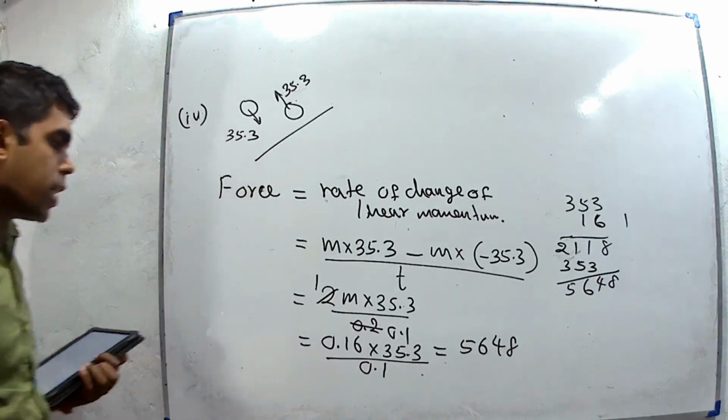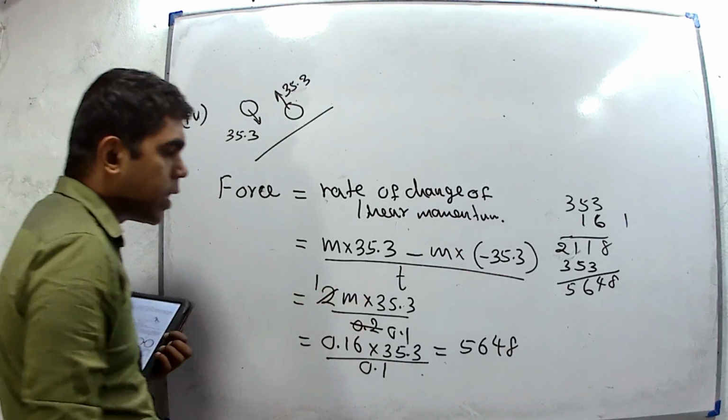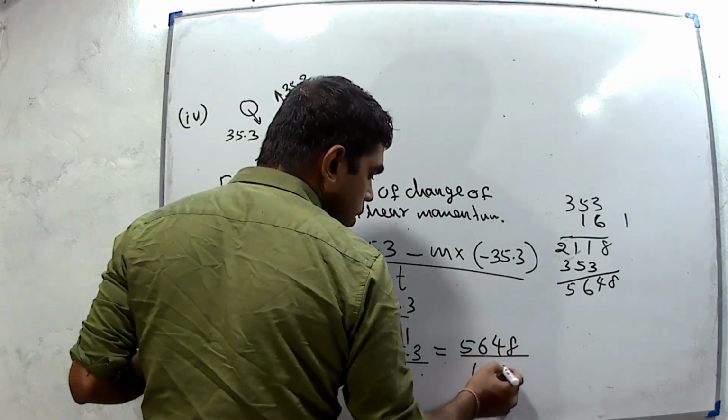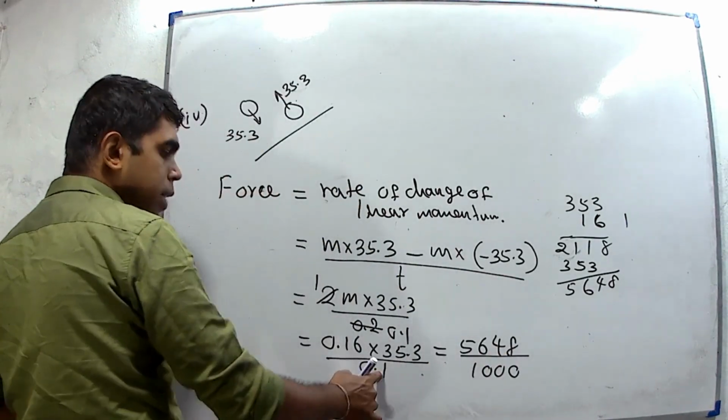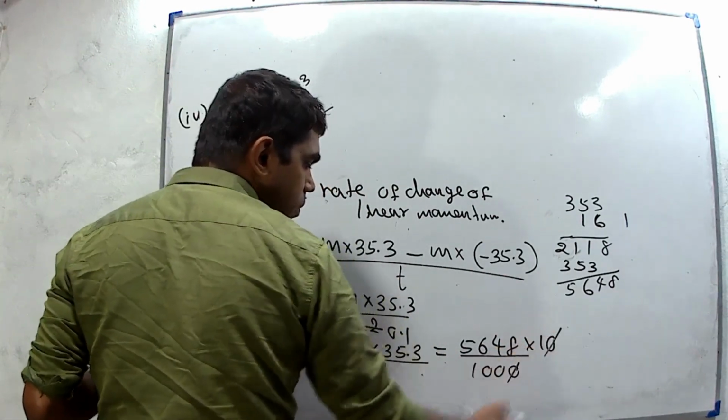Now I have considered without decimal places. There are 3 decimal places in the numerator. We have to put 1000 to the denominator. There is only 1 decimal place in the denominator. We have to put 10 to the numerator.